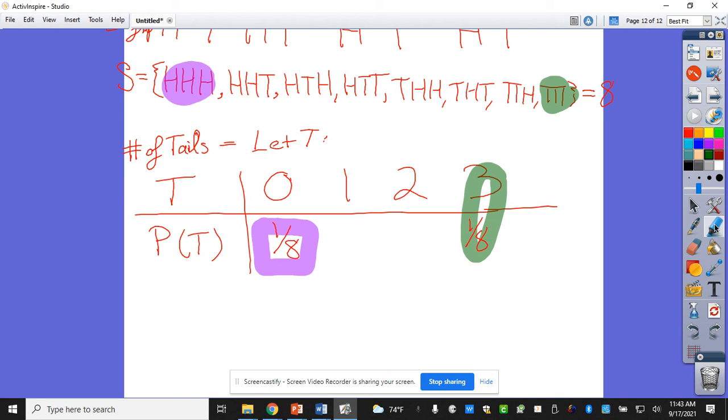How many of them have exactly 1 tail? This one, and this one. So there are 3 of them out of the 8 that are exactly 1 tail. I can count the same thing here. But if I have 3, I have 4, I have 5, how many are left? Which is 3 blank ones left.